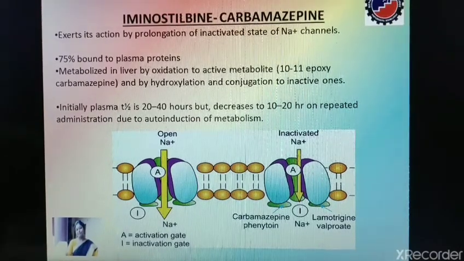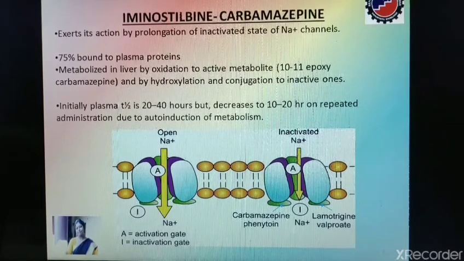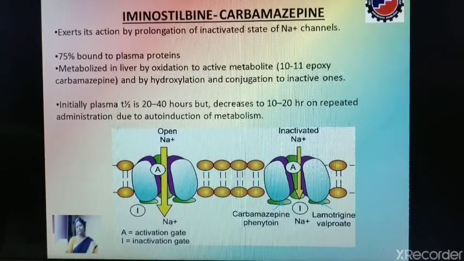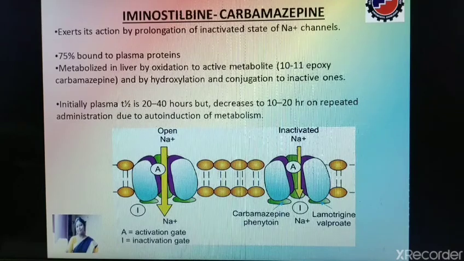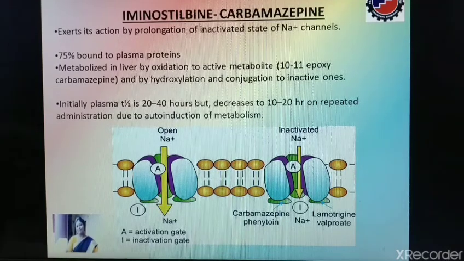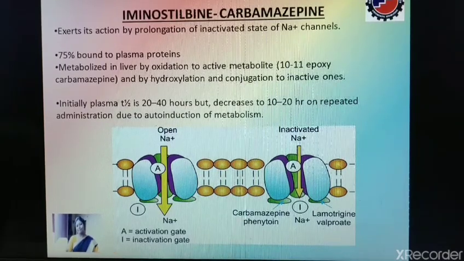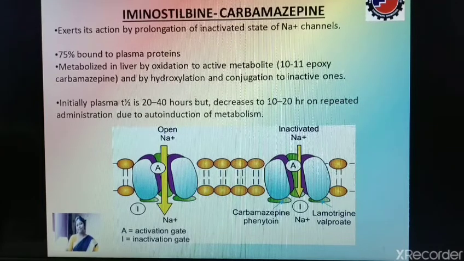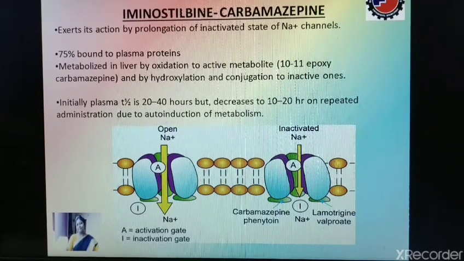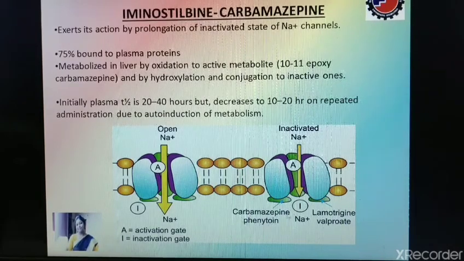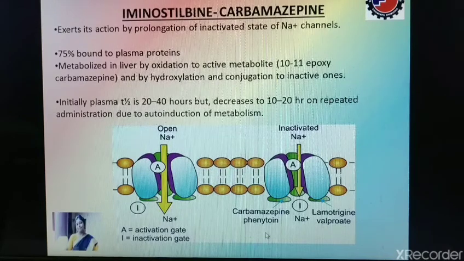In our previous video, we have studied the overall mechanism of action of anti-epileptic drugs. So here, let us start with carbamazepine. Now, carbamazepine acts very much similar to phenytoin. Here, if you can recall the diagram, we had the same diagram in case of phenytoin also.